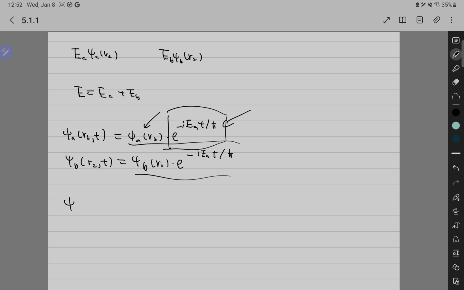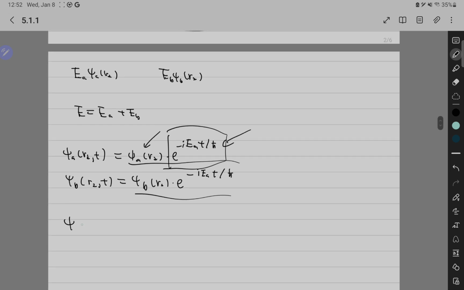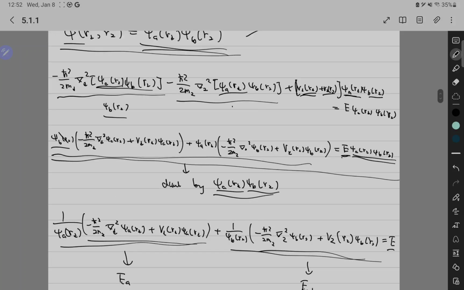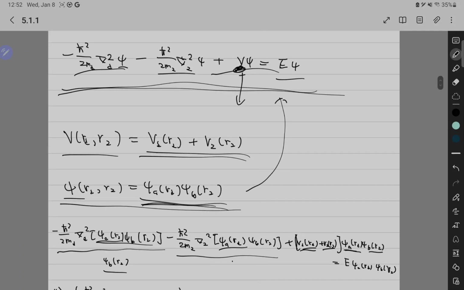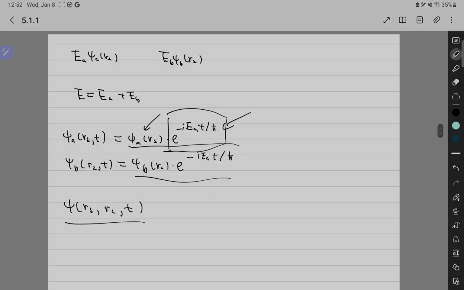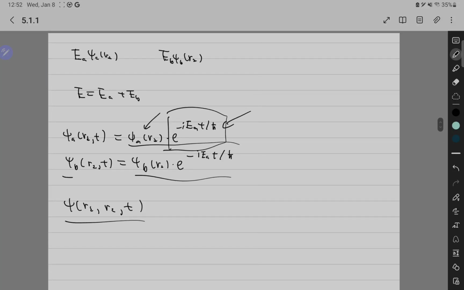So the total wave function, which is for the two-particle system here, where we consider R1, R2, T. Remember, this is equal to phi A R1 times phi B R2. So it's equal to these two times each other, which is going to be phi A R1 e to the power of negative I EA T over H bar.